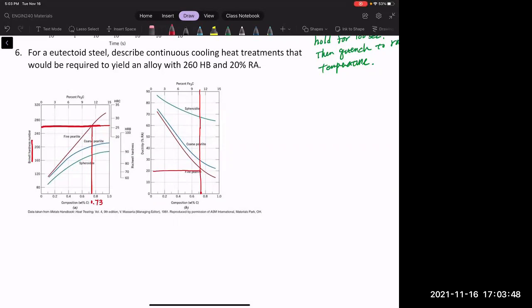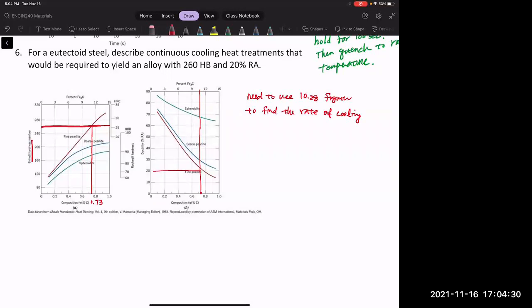There are graphs Figure 10.28 and 10.29. Figure 10.28 is for the carbon steel, and 10.29 is for 4340 steel. So we need to find the cooling rate that will generate this kind of product.